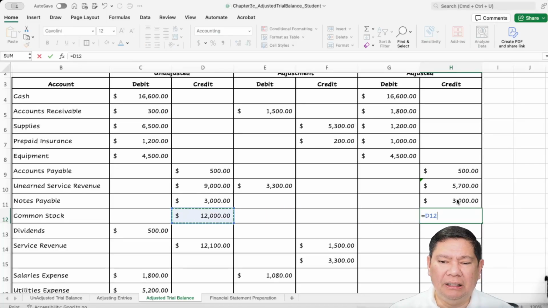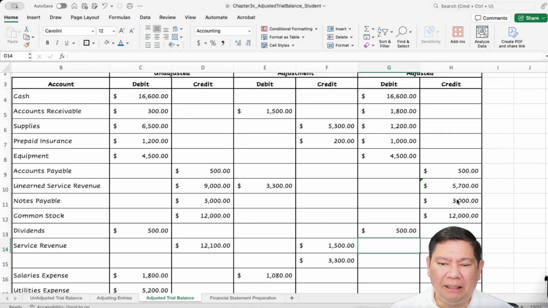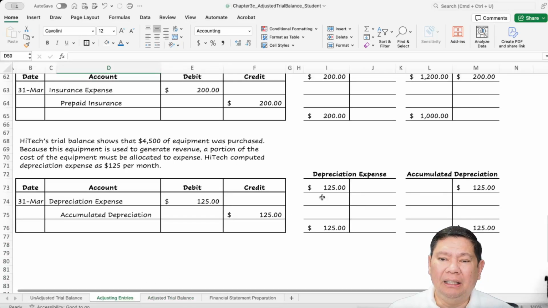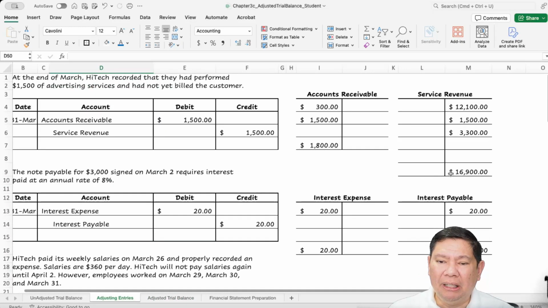Common stock didn't change. Dividend didn't change. Service revenue is now 12,100, the original amount, plus 1,500 from the adjustment, plus 3,300 from the adjustments. So the new revenue is 16,900. That's the same amount here.